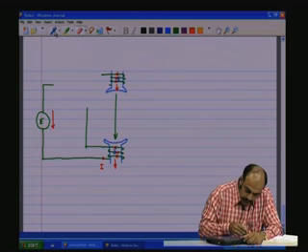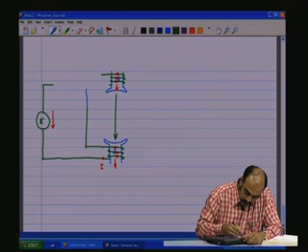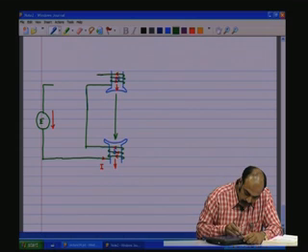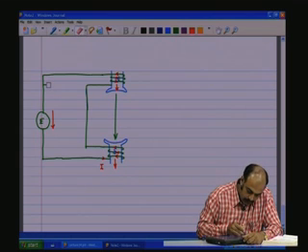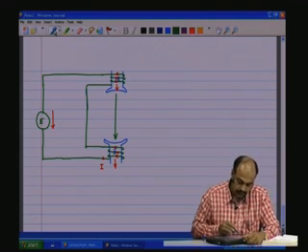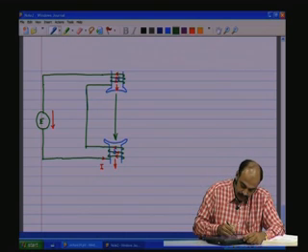So, the current flows in this direction, then gets connected here, flows through the coil in this direction, and then comes out here. So, we have now a field in this direction.